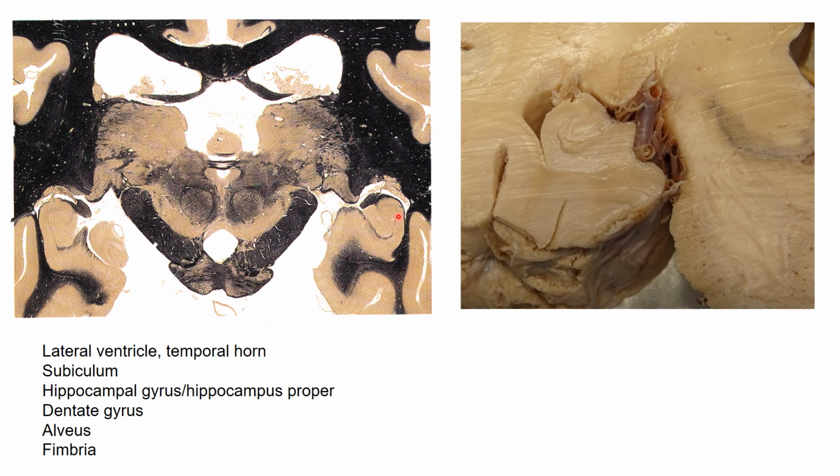And so the alveus and fimbria are axon fibers, so you'll see them stained darkly here. And basically, it's coming from the subiculum and parahippocampal gyrus, and it's these black axon fibers here arching up over top. So this little thin line is the alveus, and then the alveus you can see thickens, and this little bulb that it sort of thickens into is called the fimbria. So on the side too, you have your alveus and then your fimbria.